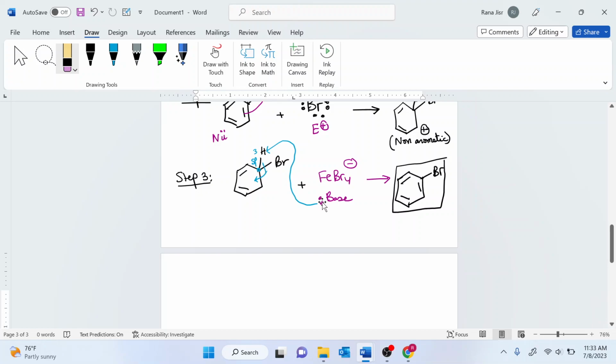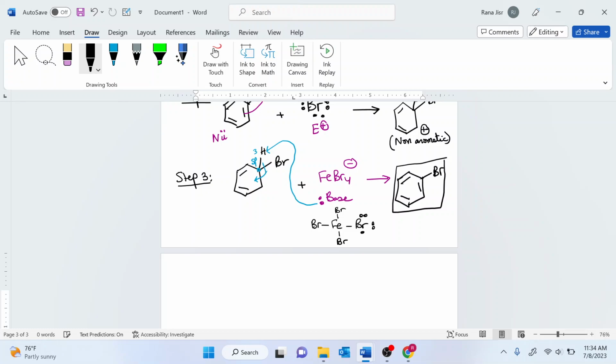Lone pairs belong in the base. Always draw the Lewis structure of that base to know where your lone pairs belong in that base. So over here, I do have an iron, and I have 4 bromines around it. So my lone pairs belong to the bromine and not the iron.